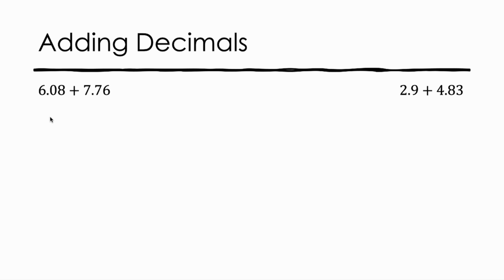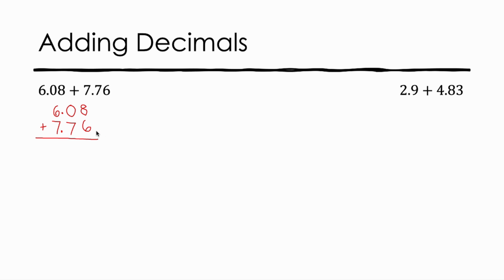Let's just put 6.08 over 7.76 and just lay it out like that. Notice how I have my decimal points in the same place. So however many places we have on one side of the decimal point, we need to have the same amount of places on that side, which enables us to add these very nicely.